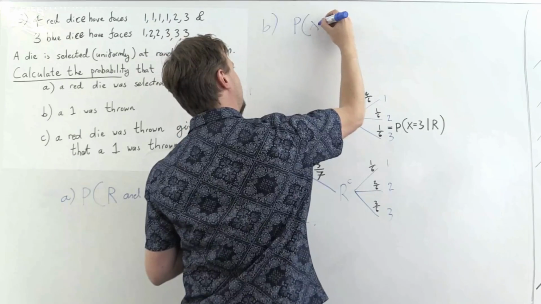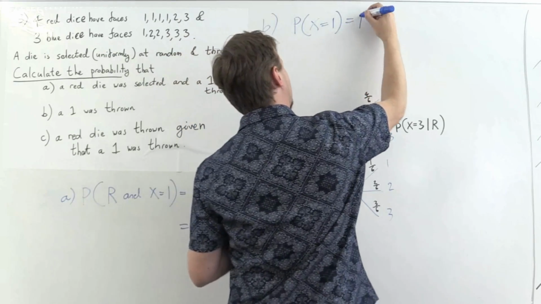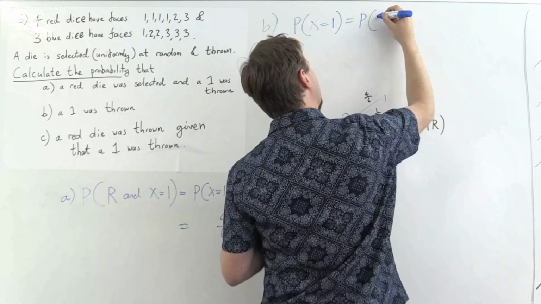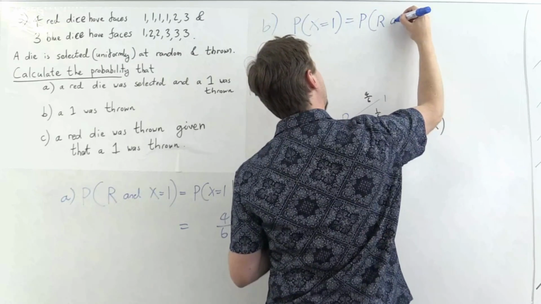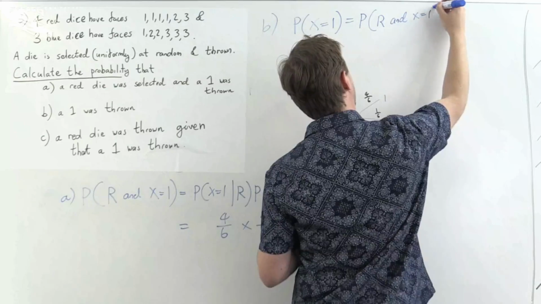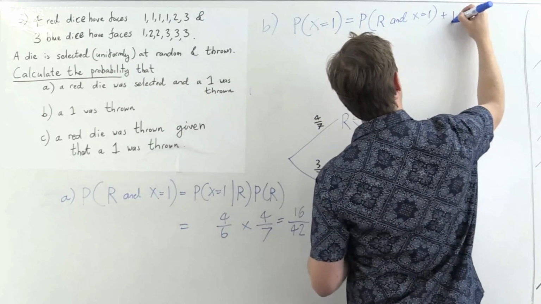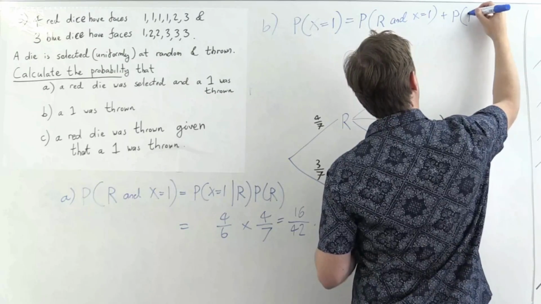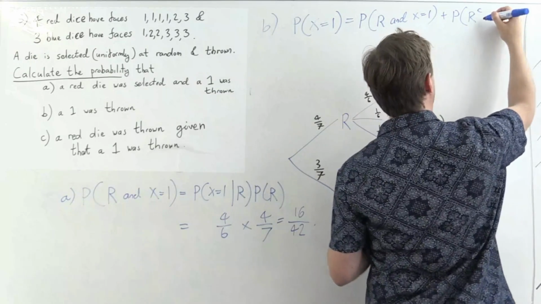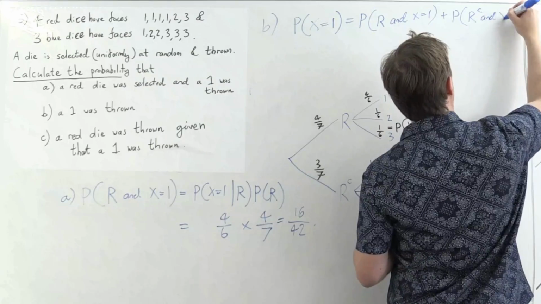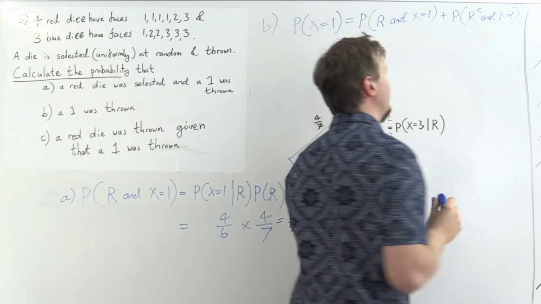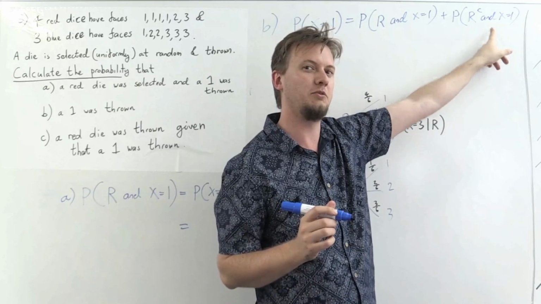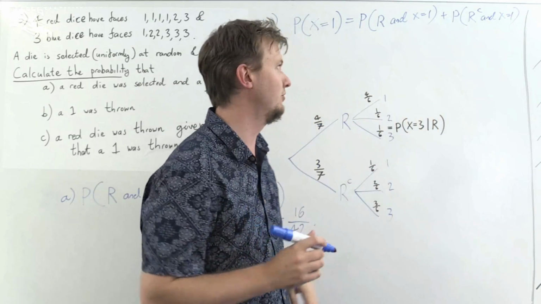The probability that you throw a 1 is the same as the probability that you select a red and when you roll it, it turns up 1, plus the probability that you don't select the red, but select the blue, and it rolls a 1. Those are the only two ways to do it, and you can't do both at the same time. You can't choose a red and not a red. There's no red blues.